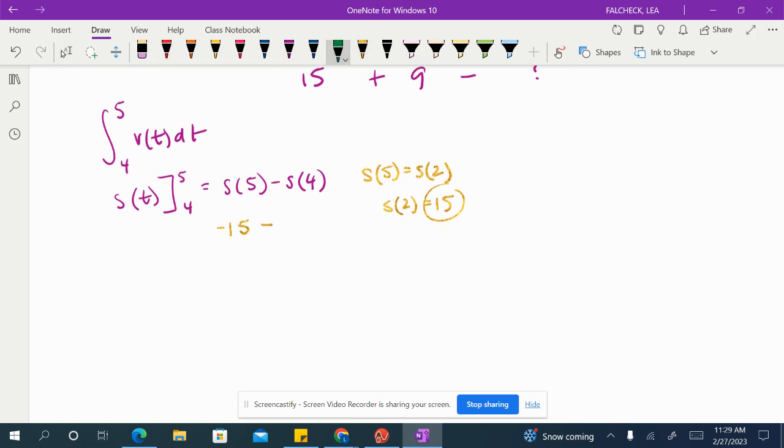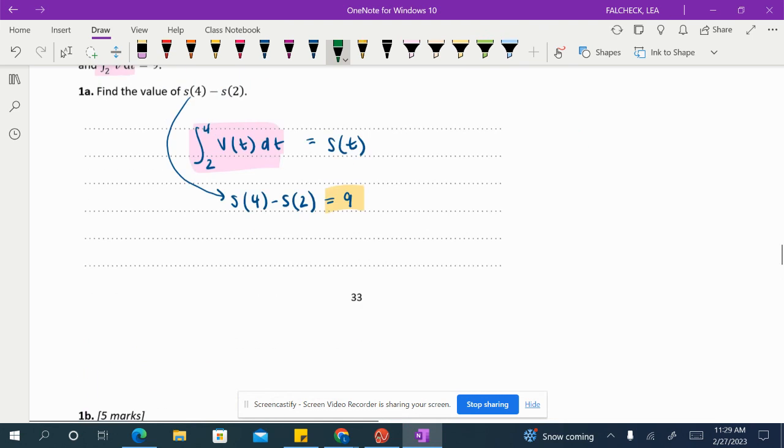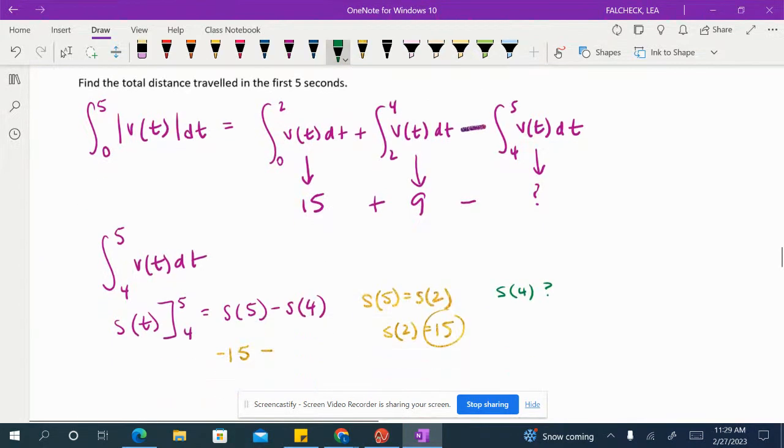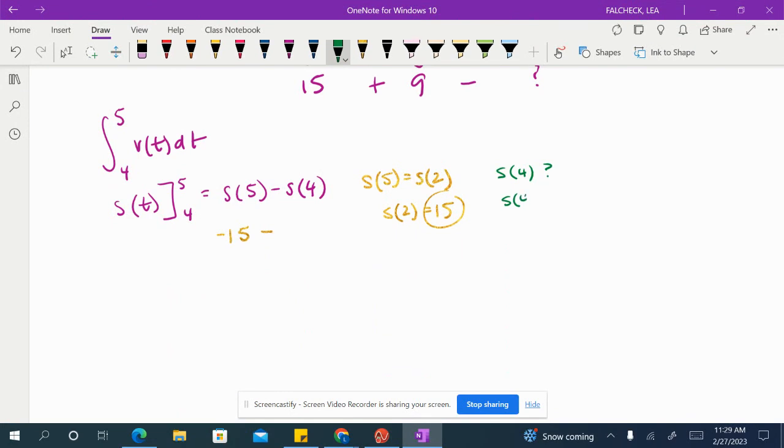How do we find s of 4? Well, where did we see an s of 4 before in the problem? Let's look. Right here we have s of 4 minus s of 2 equals 9. Let's try to solve for s of 4. And we would get s of 4 is equal to 9 plus s of 2. And then the problem tells us that s of 2 is equal to s of 5.